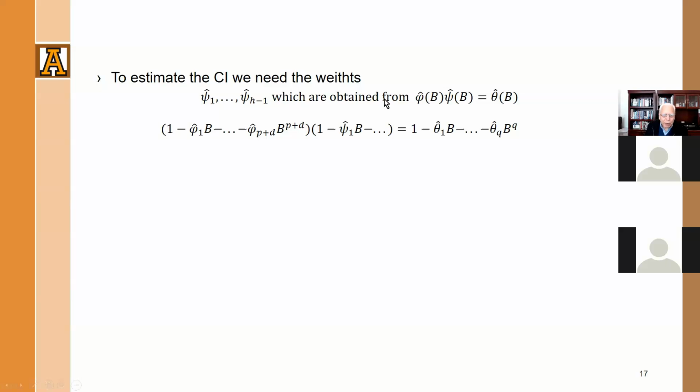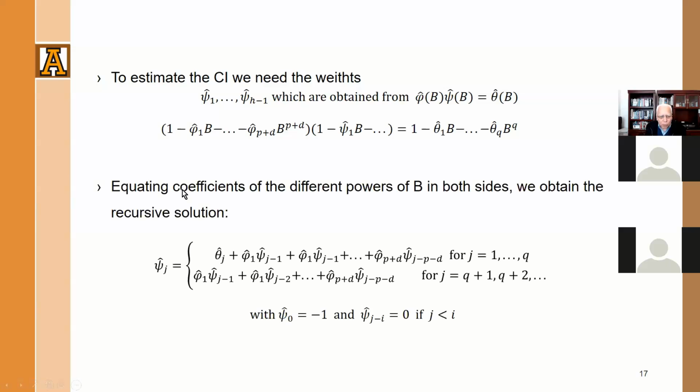So the way we obtain the psi weights to compute the variance of the forecast errors is by multiplying these polynomials, grouping according to the power of B, and then equating the coefficients.